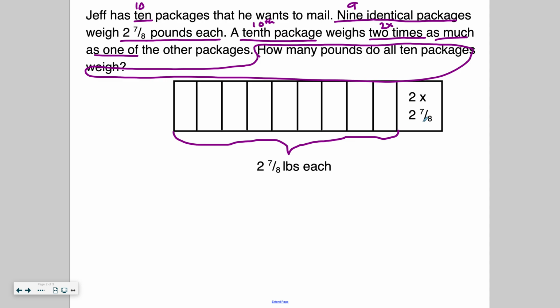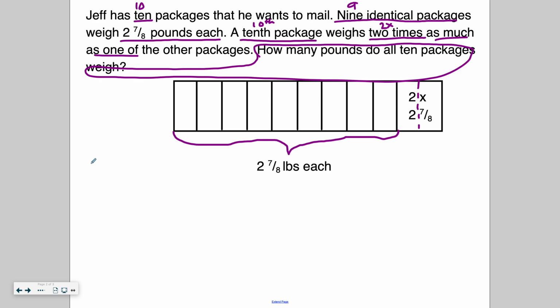So instead of doing that, what I can do, hear me out, I could have done 2 7/8 times 9, right? Then 2 7/8 times 2, and then add that all together. But what I can do instead is, if I were to split this, then each of these are also 2 7/8.